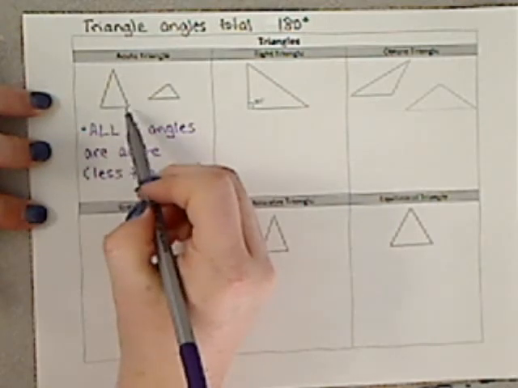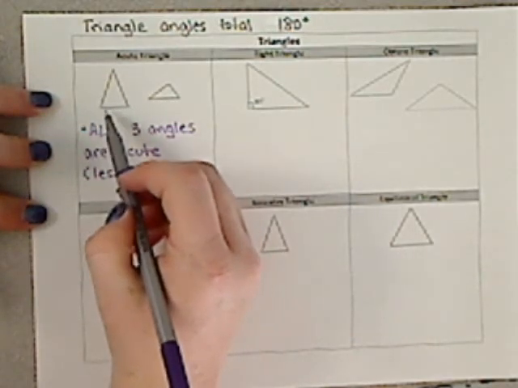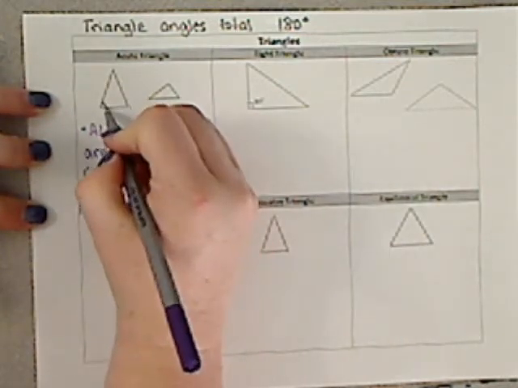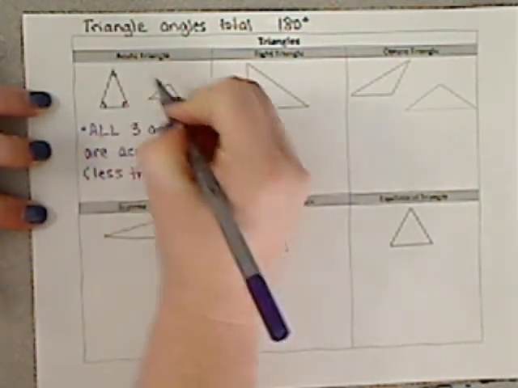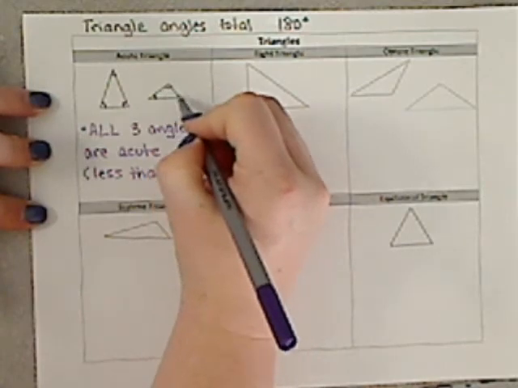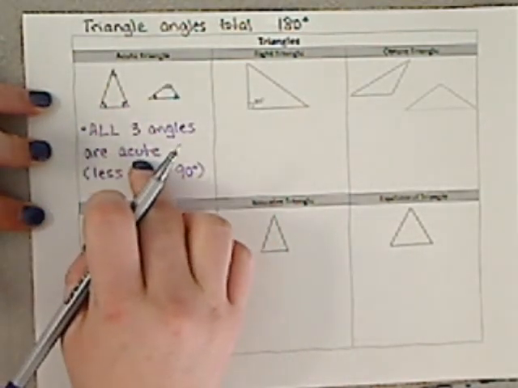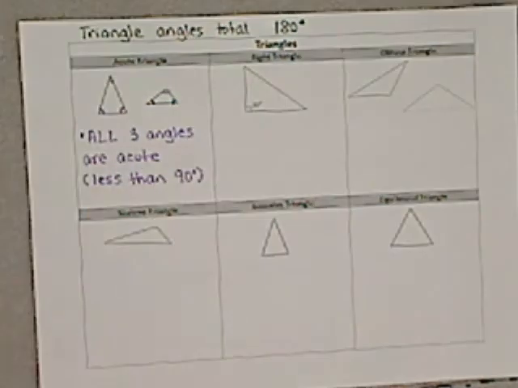And as you can see here, these two triangles have three acute angles. Okay, so acute triangles, all three are acute. All three are less than 90 degrees.